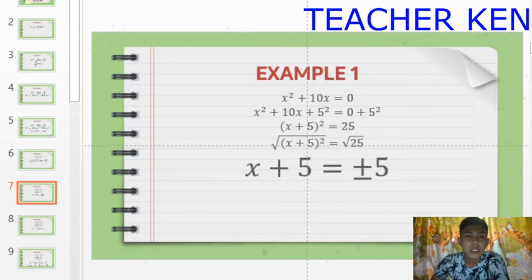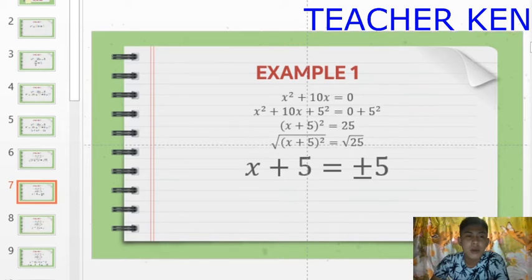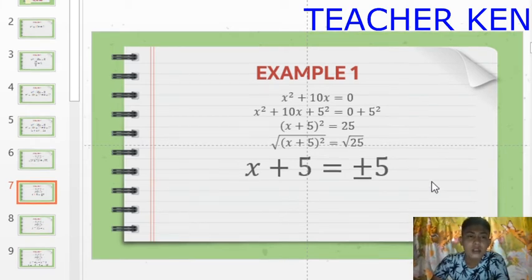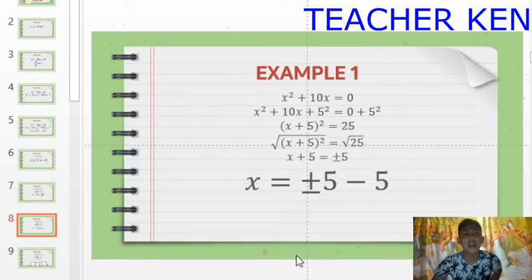So, when we transpose a number, example, we have plus 5, ang mangyari, magiging negative 5 siya kapag transpose natin. So, ito yung mangyayari. We have x is equal to plus minus 5 minus 5. Ayan. So, ang positive 5 naging negative 5.